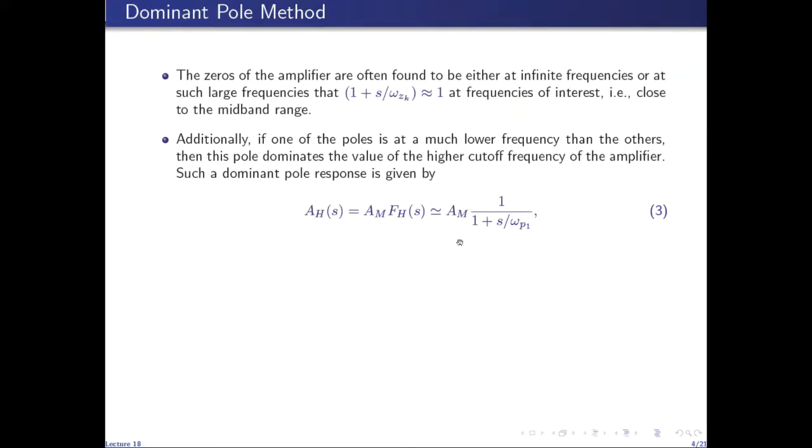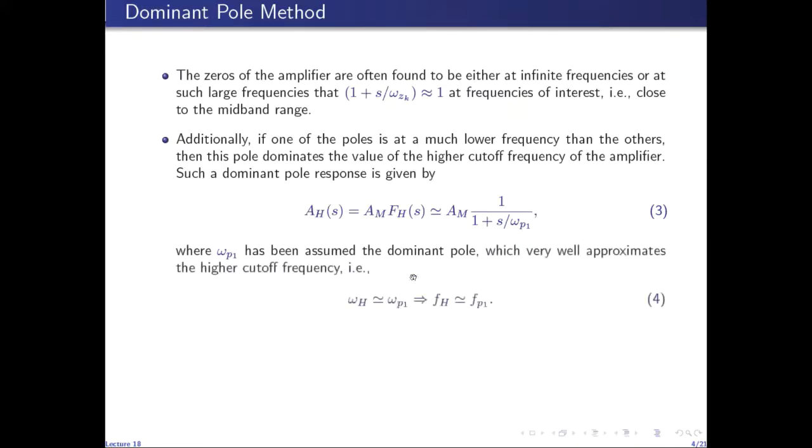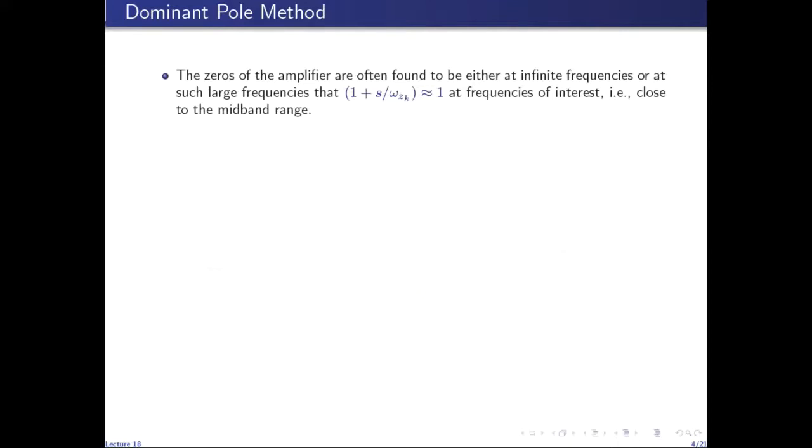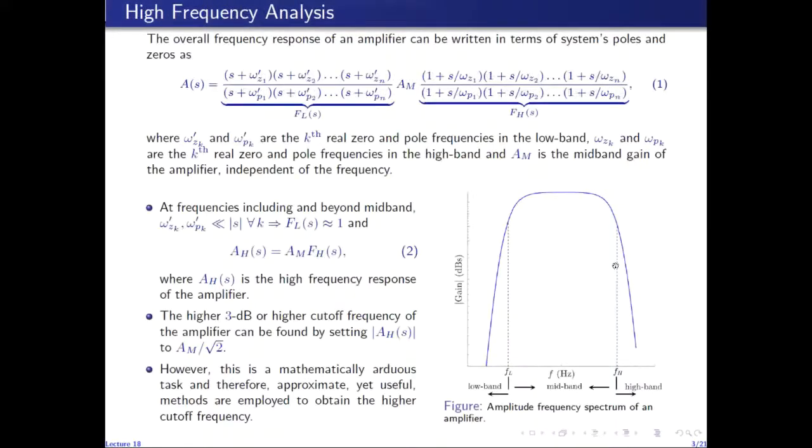So in this case, I've assumed that omega P1 is the dominant pole frequency. So if omega P1 is the dominant pole frequency, then the higher cutoff frequency will be very well approximated by the dominant pole frequency.